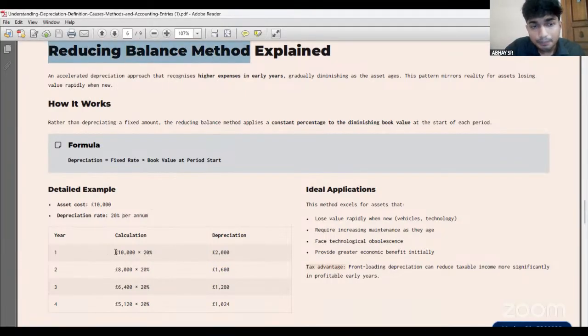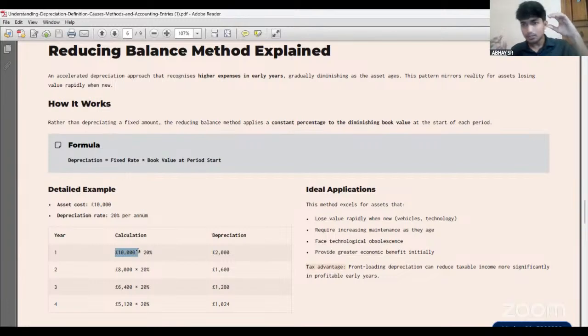So in the first year the value of the asset is 10,000, and there's a depreciation of 2,000 on that machinery. So in year 2, the value won't be 10,000, right? In the first year there has been a depreciation of 2,000, so in the second year we should consider this depreciation, and the value would be reduced.